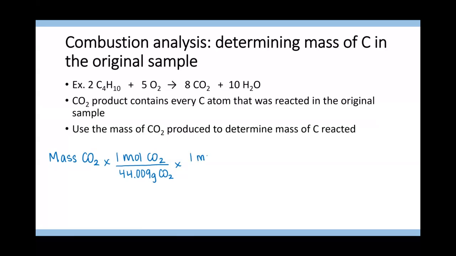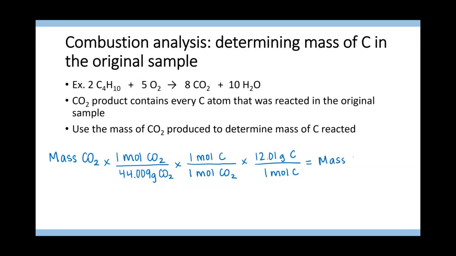So now we can convert to moles of carbon, 1 mole of carbon for every 1 mole of CO2. And then we convert moles of carbon to mass of carbon using its atomic mass. And this would give us the mass of carbon produced, which is the same as the mass of carbon reacted.